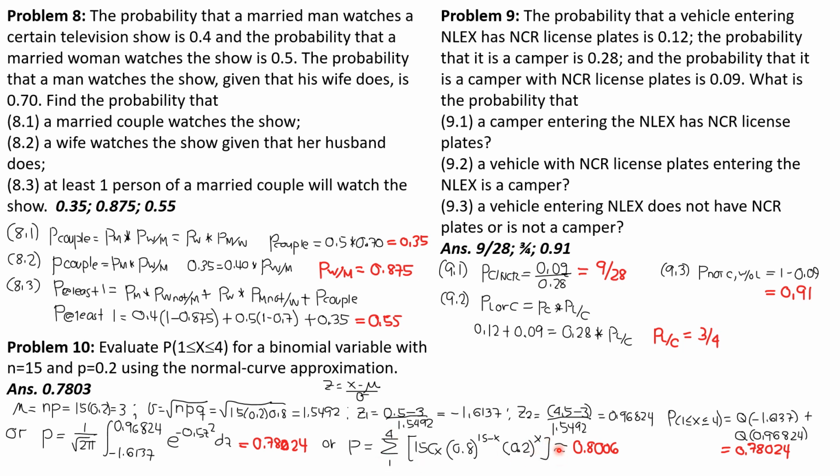Evaluating that using your calculator, that's about 0.8006. Just approximate, because this is a binomial variable, but a binomial distribution using the normal curve approximation.